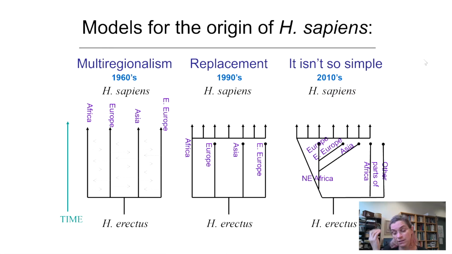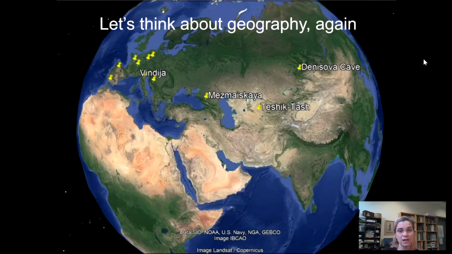So basically, a couple of years ago, I was like, this is really getting ridiculous. Maybe it's time to stop thinking about this ancestry in terms of specific lineages and how these lineages relate to each other. So what I decided to do was to step back and think about geography again.